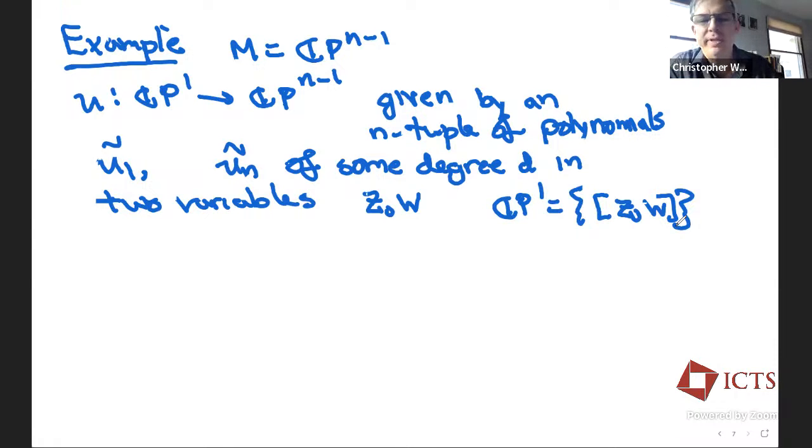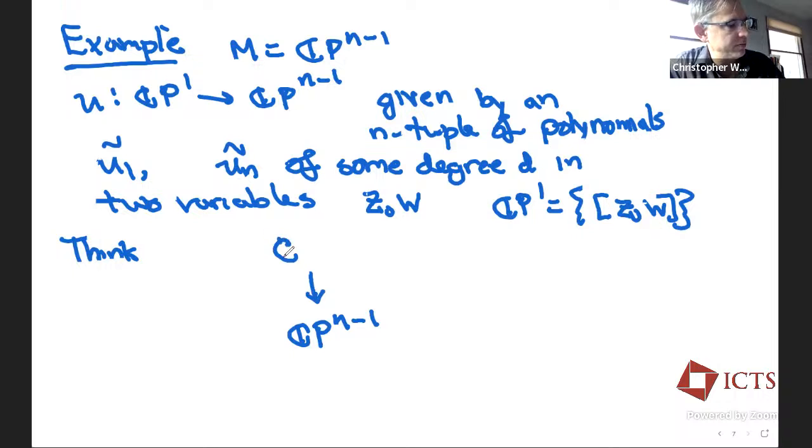Okay, so how do I see that? Well, the way that I see that is very closely related to vortices. So I think of CPN minus 1 as the quotient of CN minus 0. This was the semi-stable locus.